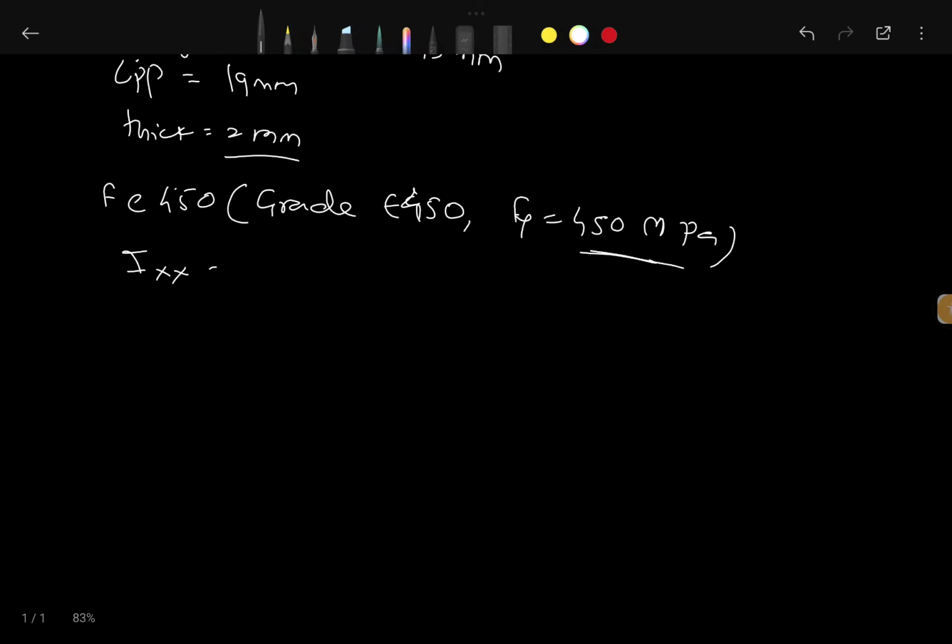Here Ixx value came 580 centimeter raised to 4. Z gross is equal to 58 centimeter cube. Area is equal to 8.95 centimeter square.